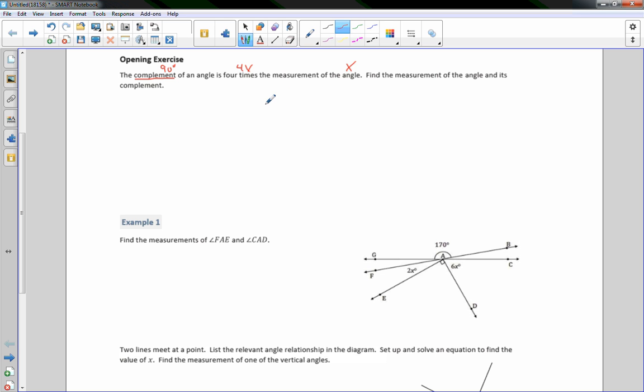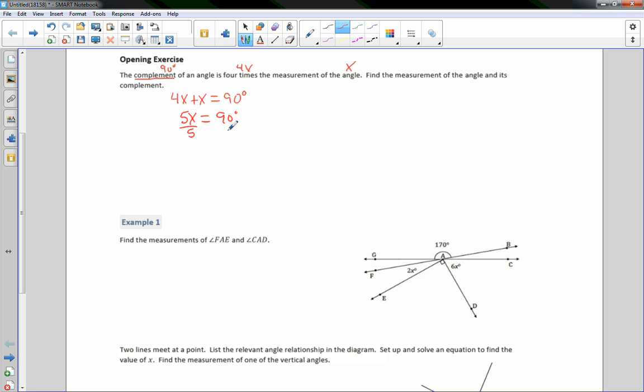So to find the measure of the angle and its complement, we would say 4 times an angle plus that angle. They complement each other, or they are complementary. So 4x plus x equals 90. Combine like terms. 5x equals 90.